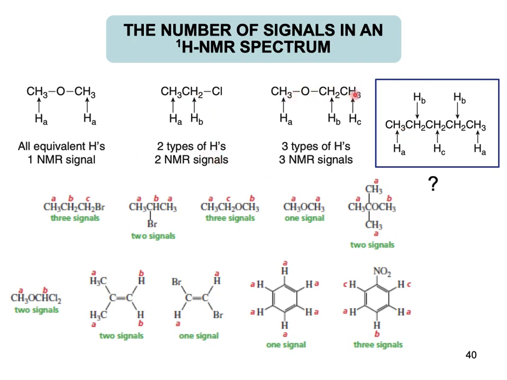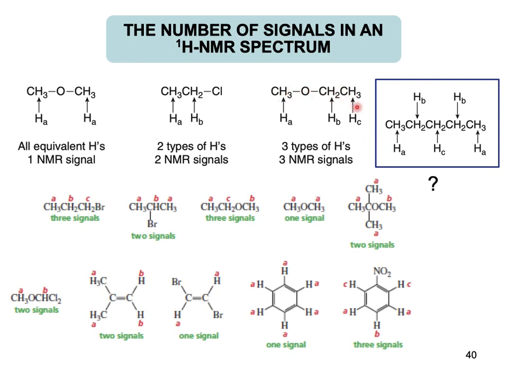In this compound, you have to count how many different types of protons there are, because that is related to how many NMR signals we get. You can see this CH3 is attached to CH2, but this other CH3 is attached to O, a different chemical environment.